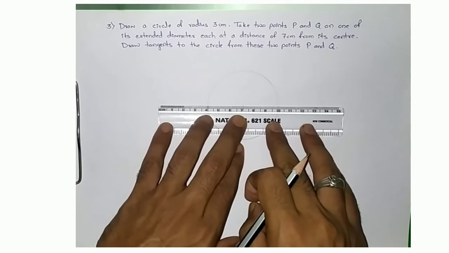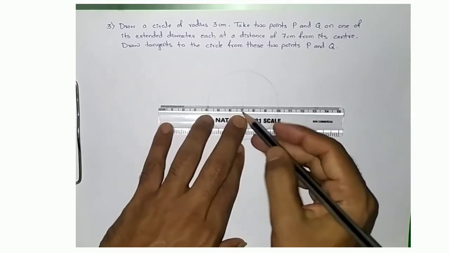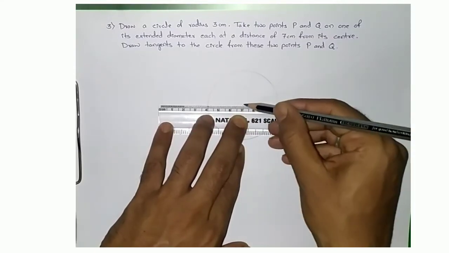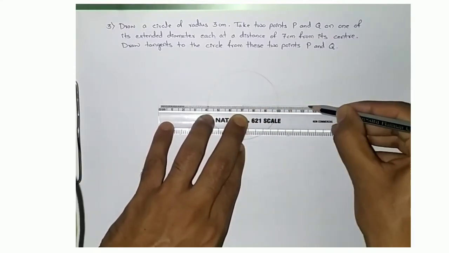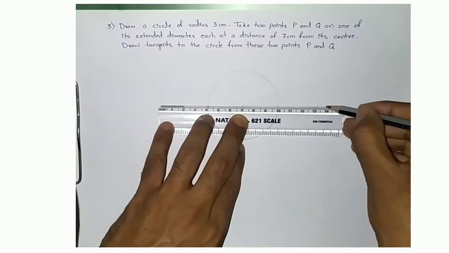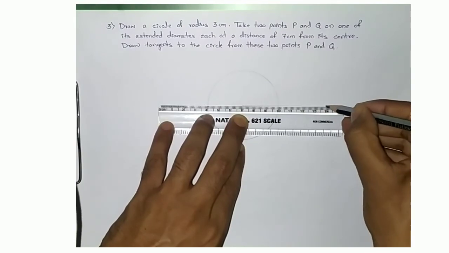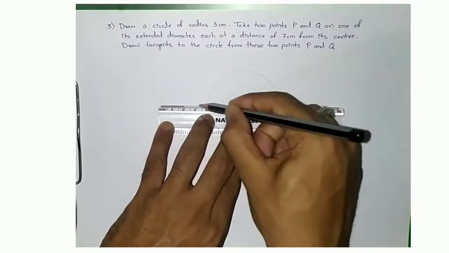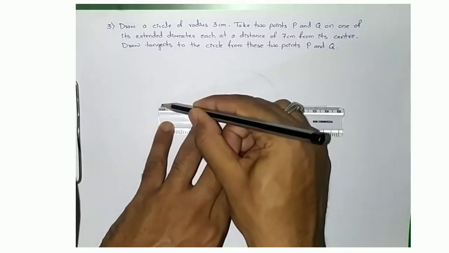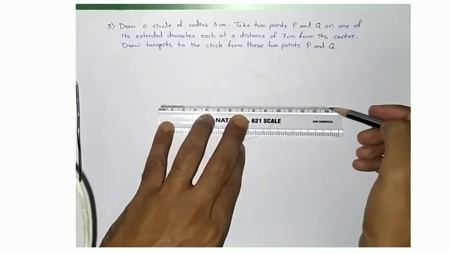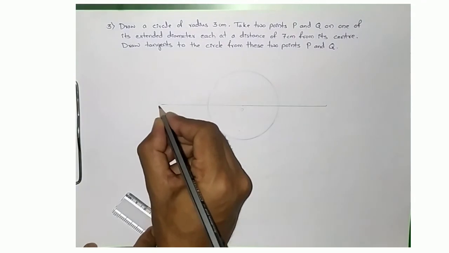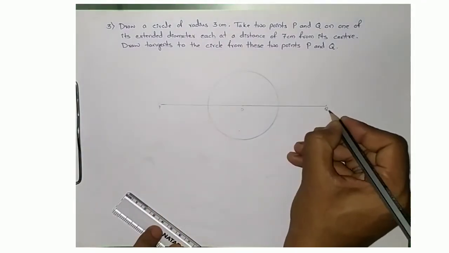Taking exactly the middle at the center, on the right side I will take 7 centimeter, means 7 plus 7, it will go up to 14 point. Again, 7 centimeter on the left side. So these two are our points P and Q.